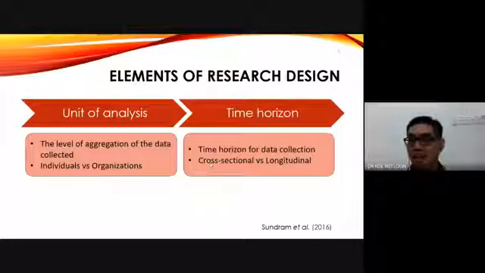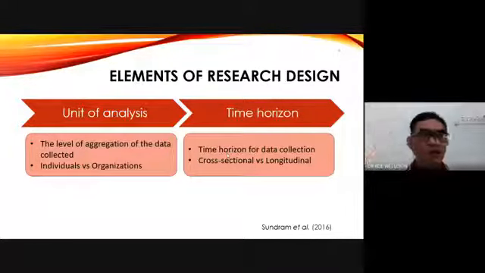The answer is yes, it is still cross-sectional, because you collect the data for only one time. This cross-sectional does not involve the time where you give reminders. Maybe you give 2-3 times reminder. Maybe you give up to 1 month for your respondents to fill up the questionnaire.